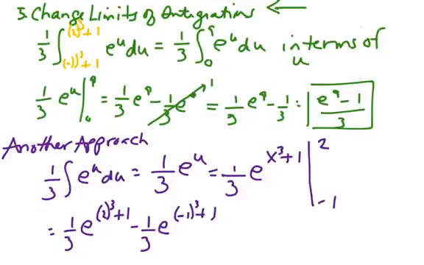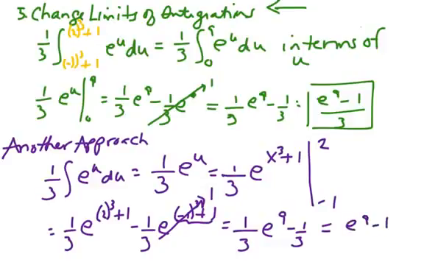This evaluates to just 0, so this term is going to go to 1, and we're left with exactly the same answer that we got using the change of variable rule for the limits. So either way is fine, and there's going to be times when it's easier to do it one way or another. You have to build up your intuition for that.